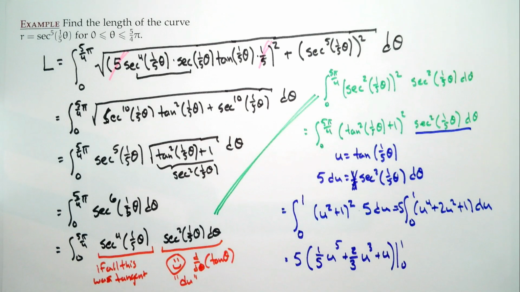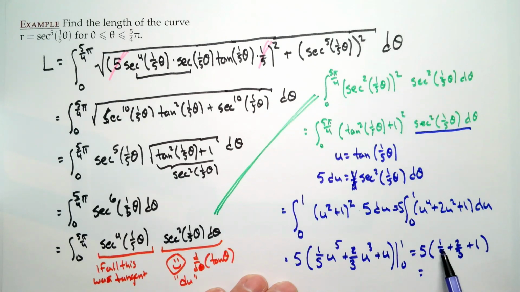The nice thing is when you plug in 0, you get 0. So we just have to plug in the 1. And so we get 5 times 1/5 plus 2/3 plus 1. Now if you multiply the 5 through, you get 1, because 5 times a 5th, and then you get 5 more, so that's 6 plus 10 over 3.